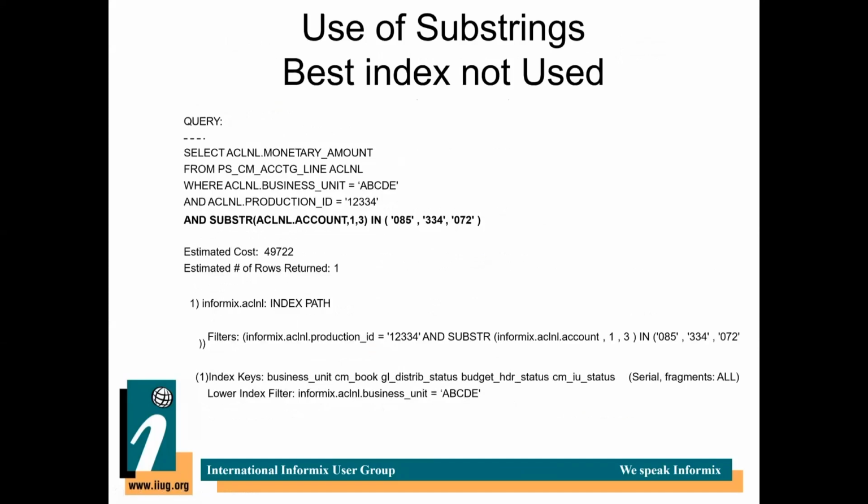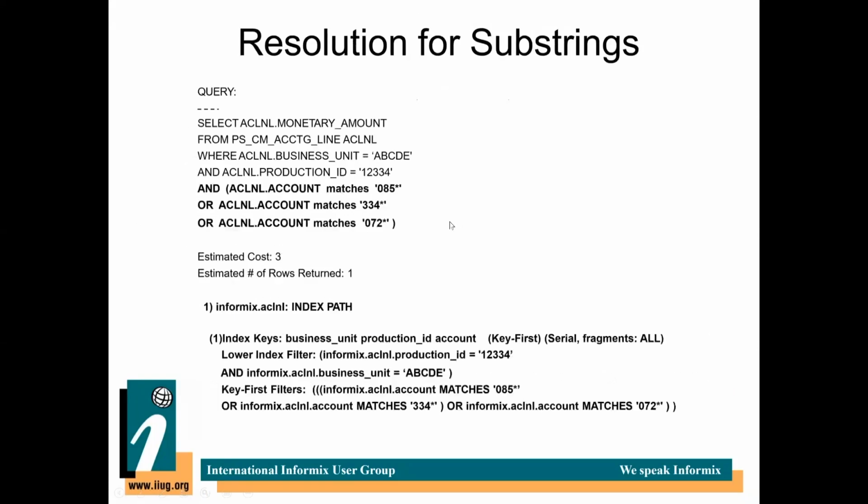In this case, they had a query that had all the fields that were used in the index, but it was still not being optimized correctly. This one field in the highlighted part was the part causing the issue. So by changing that query to use matches instead, it gave us a lot quicker performance for the query.